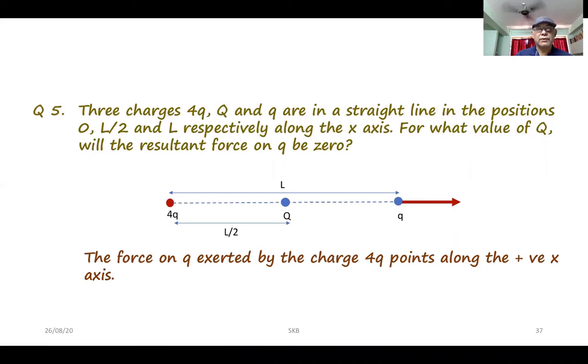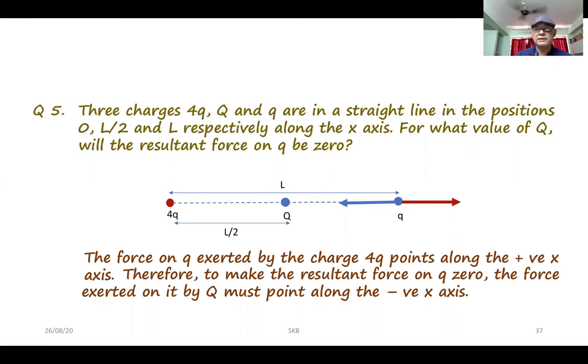The force on q exerted by the charge 4q points along the positive x-axis. Therefore, to make the resultant force on q 0, the force exerted on it by capital Q must point along the negative x-axis. This implies that capital Q is negative.